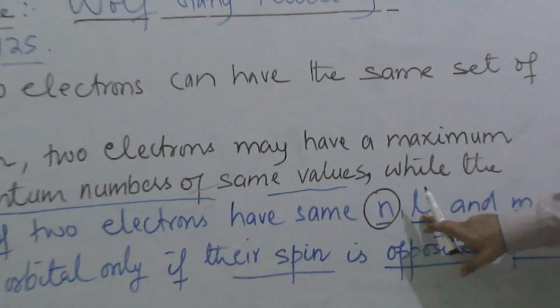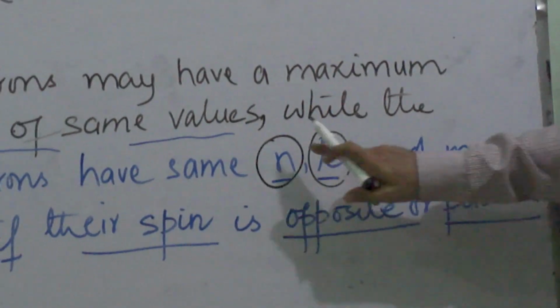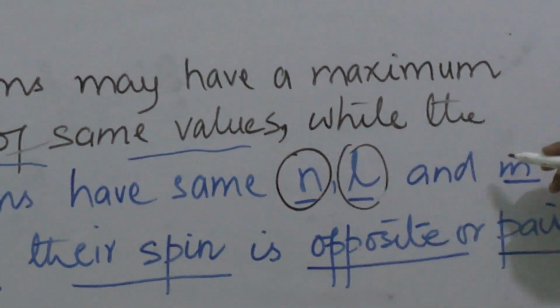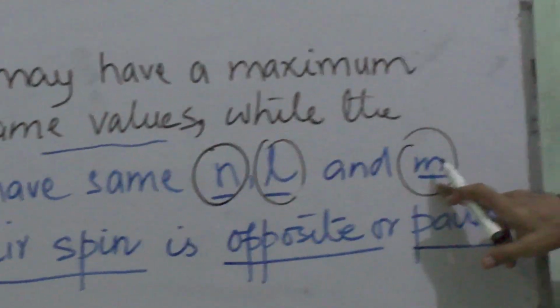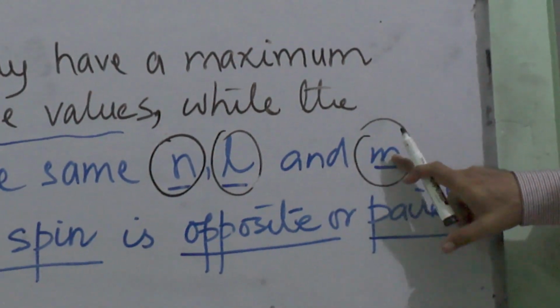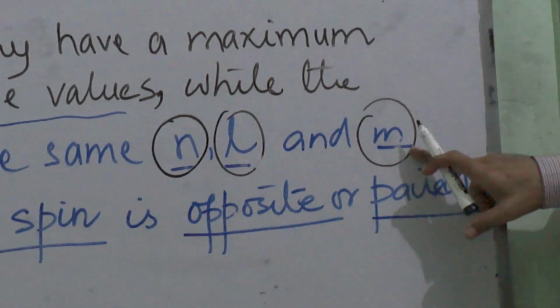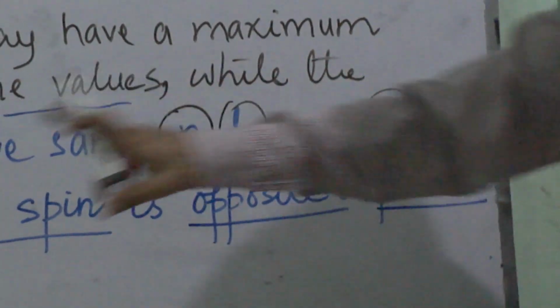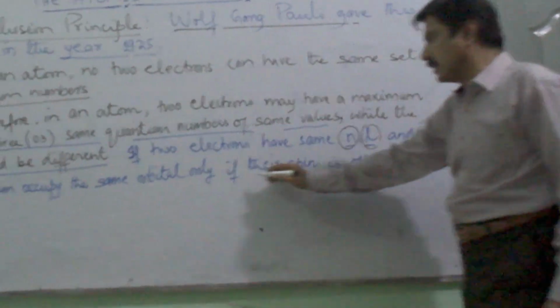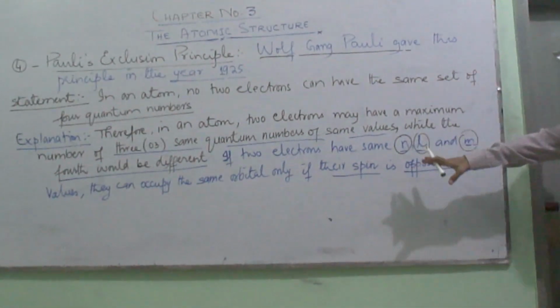If their azimuthal quantum number value is same, means in the same shell, they may be in the same subshell as well. If their magnetic quantum number value is same, means same shell, same subshell, same axis they will be having together. But always remember that their S value, spin quantum number value will always be different.